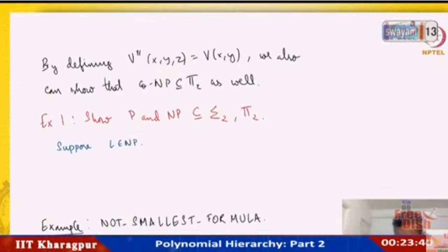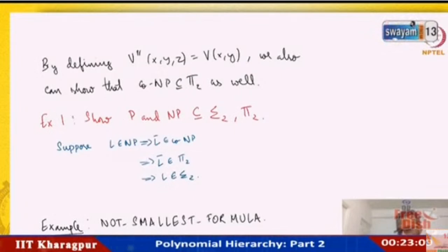This means L complement is in coNP. We want to show L is in sigma 2, but we've already seen that L complement is in coNP, which is in pi 2. And so this implies that L is in sigma 2.